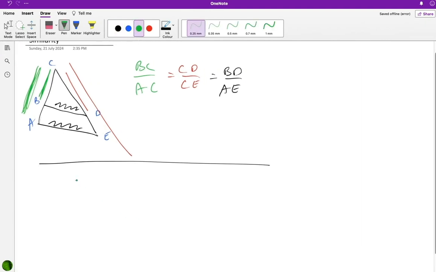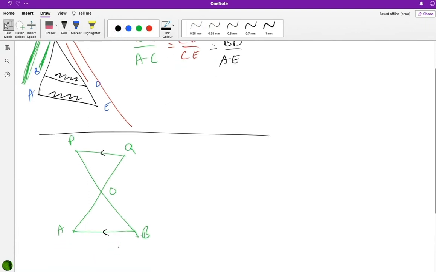Second case was this butterfly image: A, B, O, P, Q. Now this has to be parallel for it to be similar. They were both on the left-hand side, now one is on the left and one on the right, so this is opposite. AO is similar to OQ.